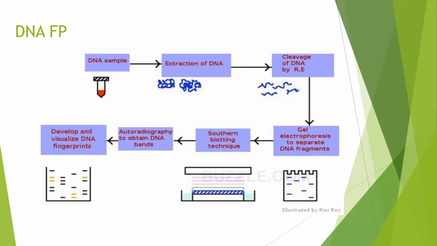In general, small linear fragments move faster than larger DNA fragments. This is called gel electrophoresis technique. Next step, Southern blotting technique.